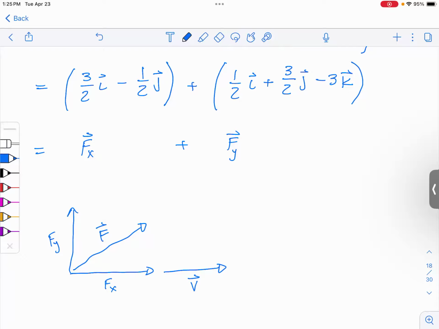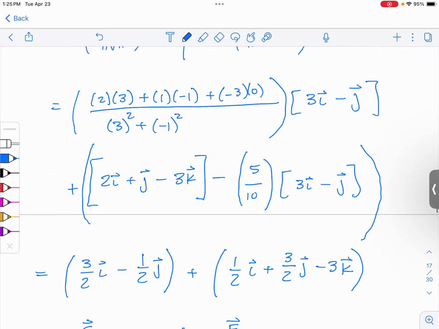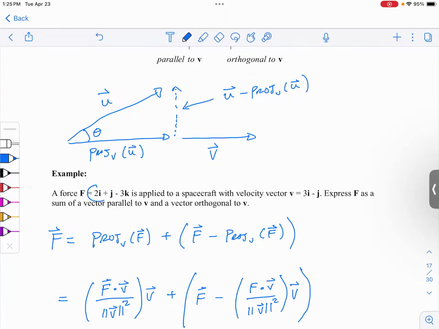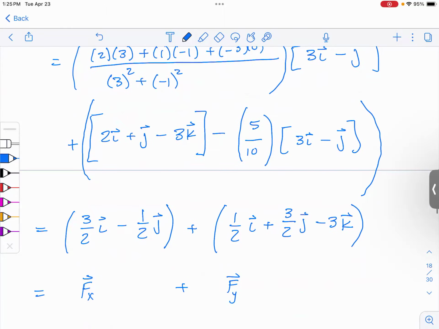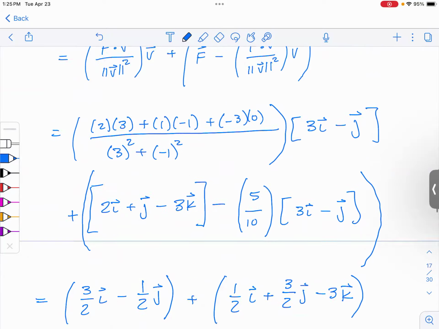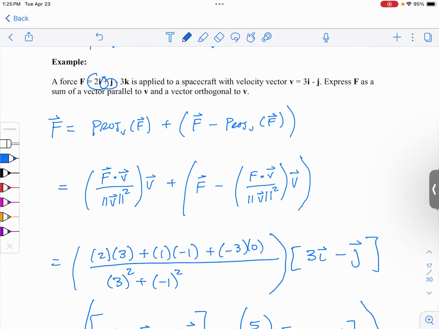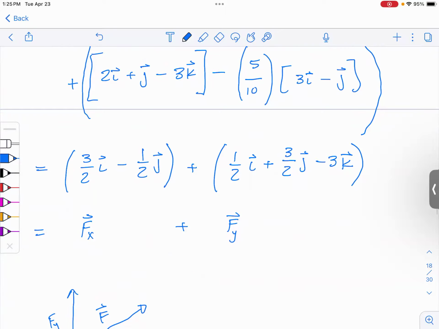So I have an x piece and a y piece. Now, be aware too, 3/2 i plus 1/2 i makes 2i. Negative 1/2 j plus 3/2 j, oh look, that makes j. So if you keep going, you end up with the vector F. That's the whole point here.